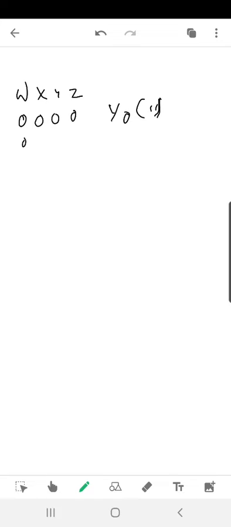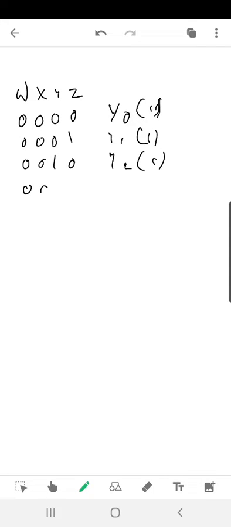In case it is 0001, it represents 1, so we will get output at Y1 of decoder number 1. Similarly, 0010 represents 2, so we will get output at Y2 of decoder number 1. 0011 represents 3, so we will get output at Y3 of decoder number 1.